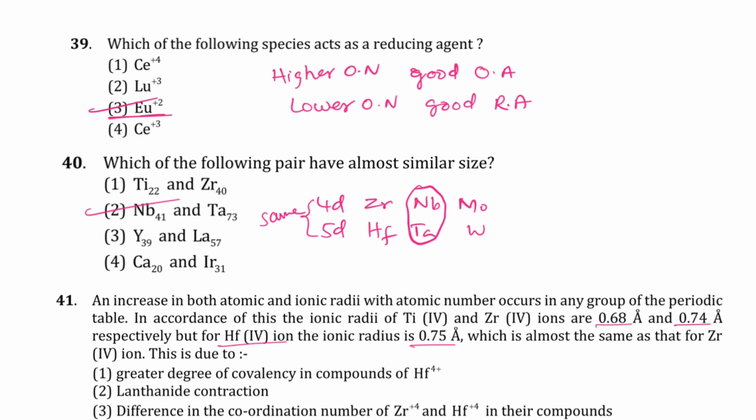Titanium plus 4 is 0.68 angstrom, zirconium plus 4 is 0.74 angstrom, hafnium plus 4 is 0.75 angstrom.